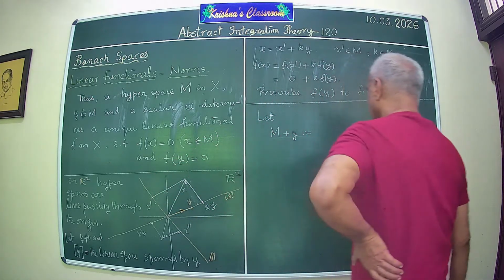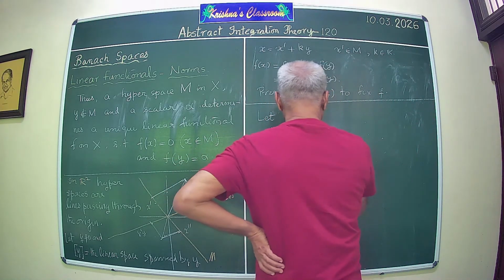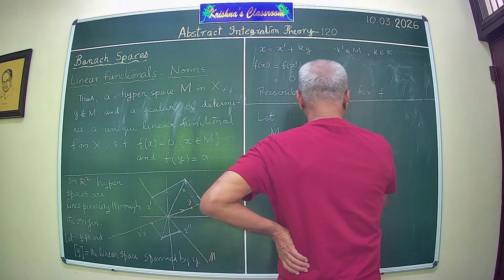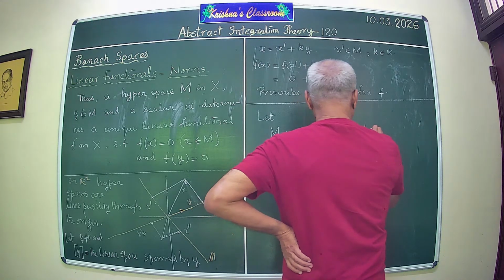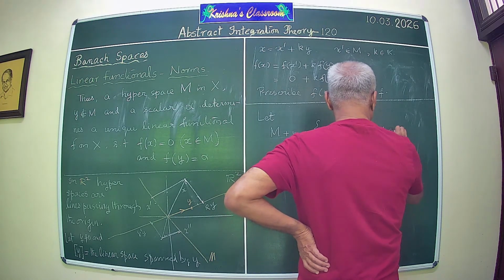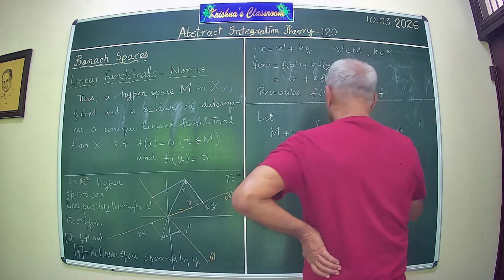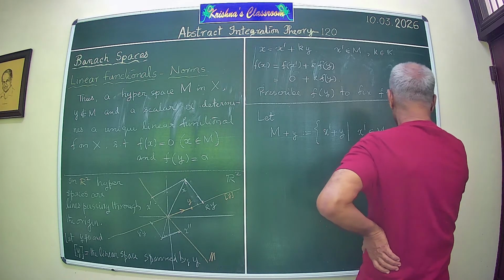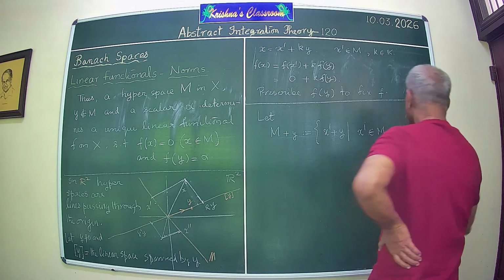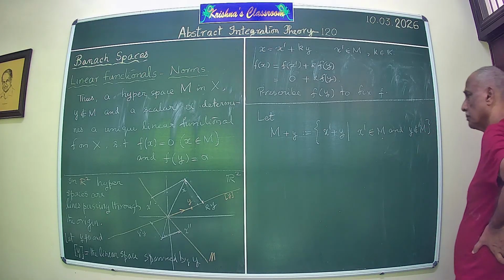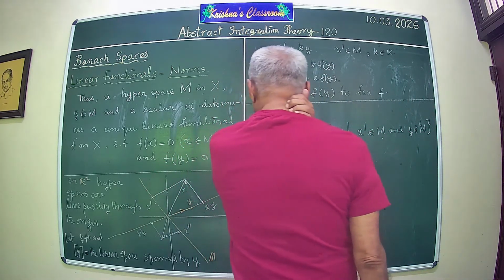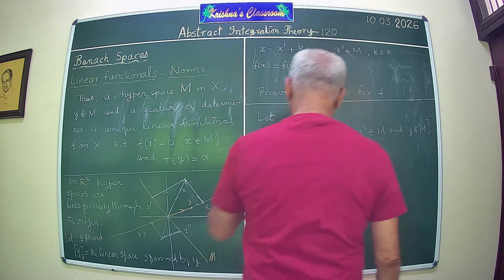M plus y will be defined by the set of all x prime plus y, where x prime belongs to M. Okay, so what is this?